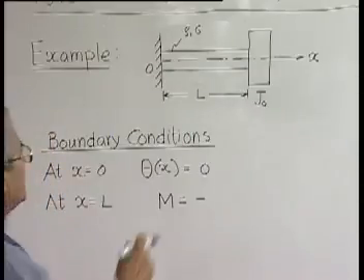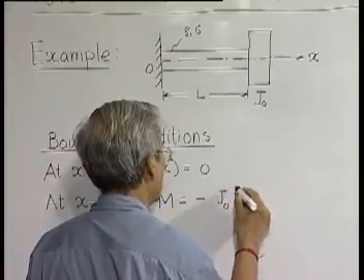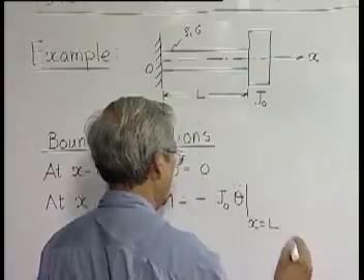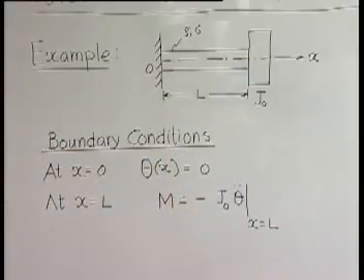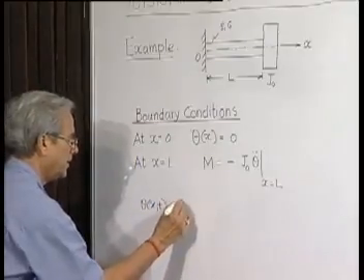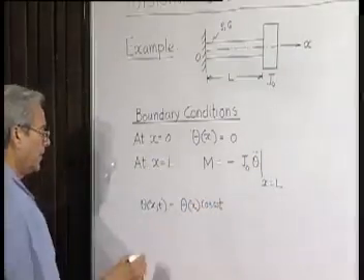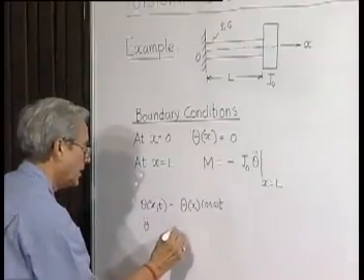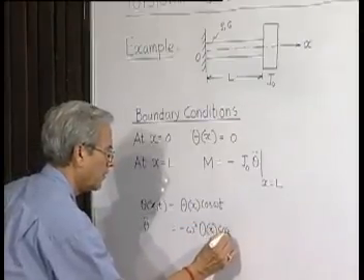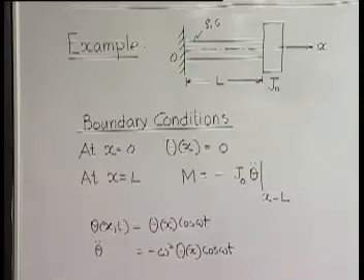Now inertia force or inertia moment, the torque acting on this, will be minus J0 into theta double dot at x equal to L. Now if we know that theta, which is a function of x and t, is written for natural mode of oscillation like this, then theta double dot is nothing but minus omega square theta, so we can substitute it there and find out the value.